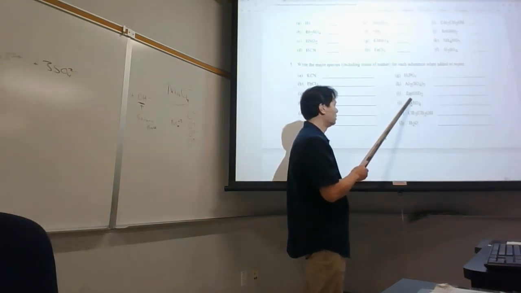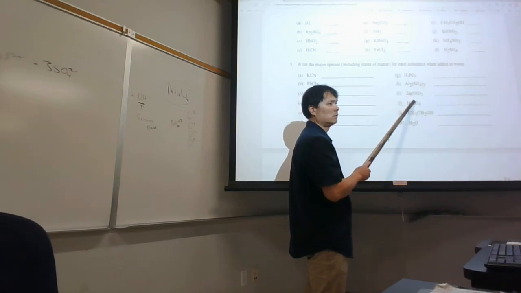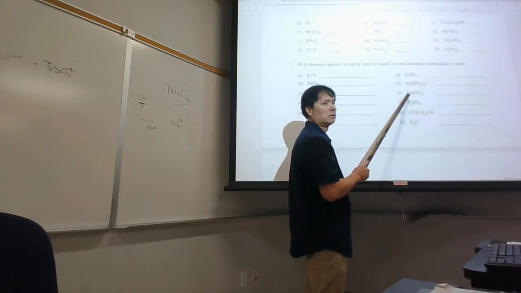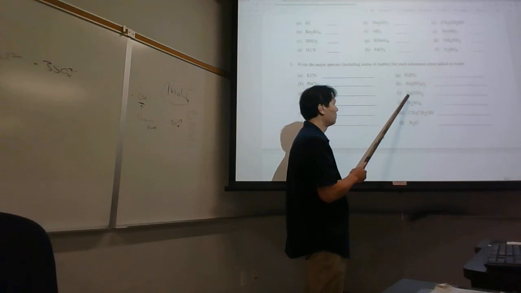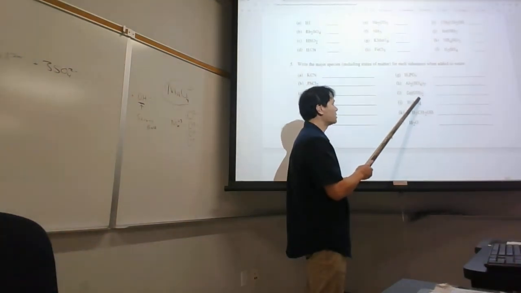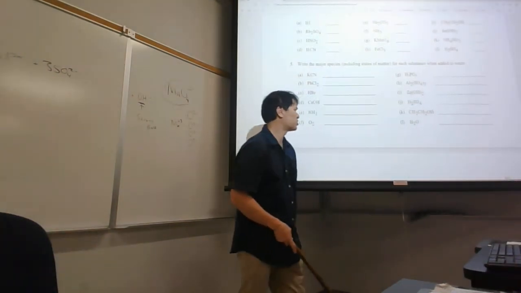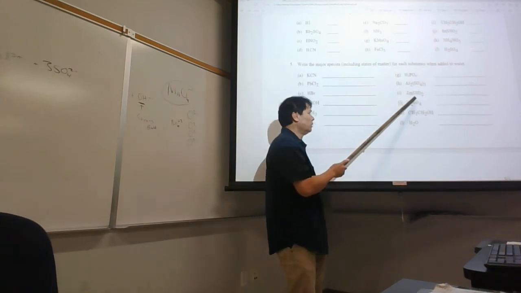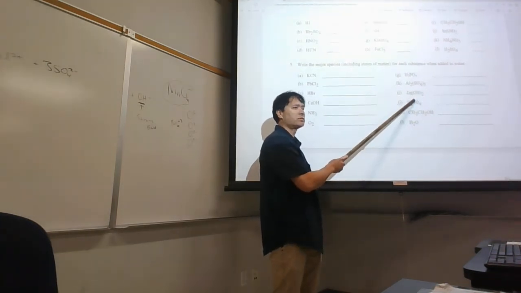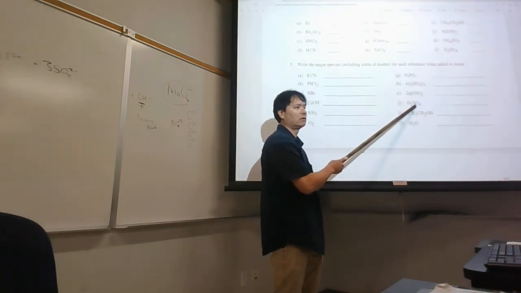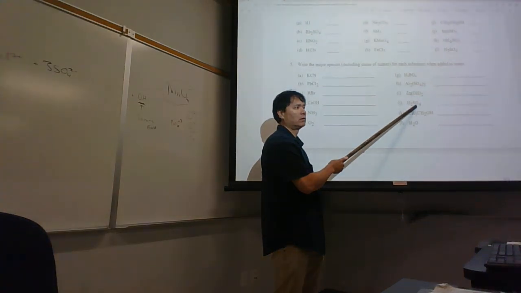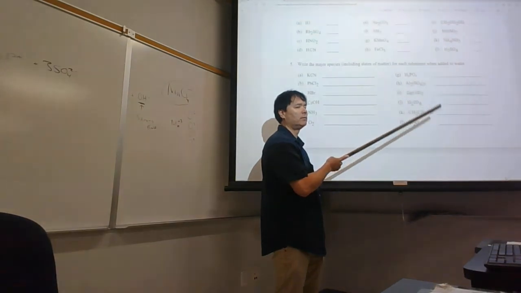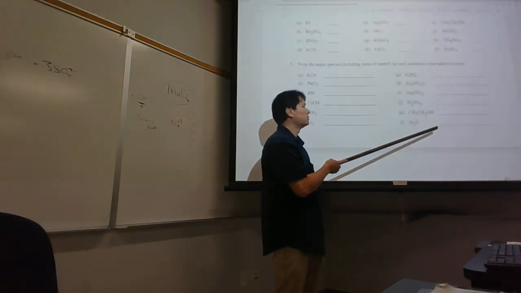What's this called? Zinc hydroxide. That's correct. Zinc is fixed charge, +2. Hydroxides are all insoluble except for group 1, ammonium, calcium, strontium, barium.